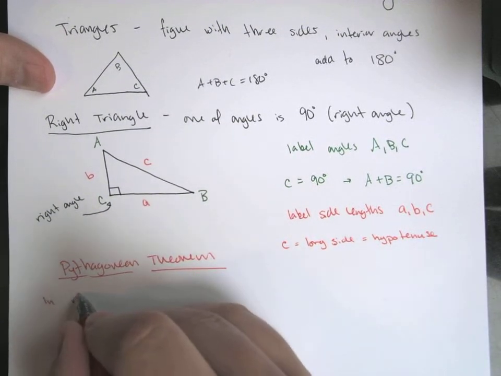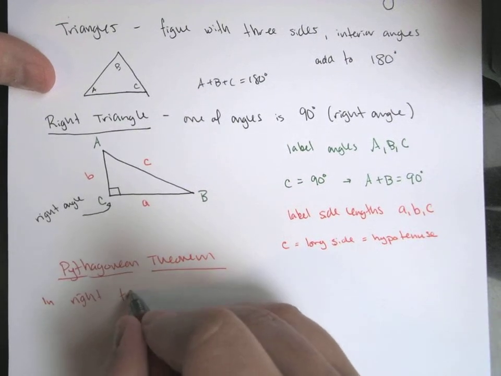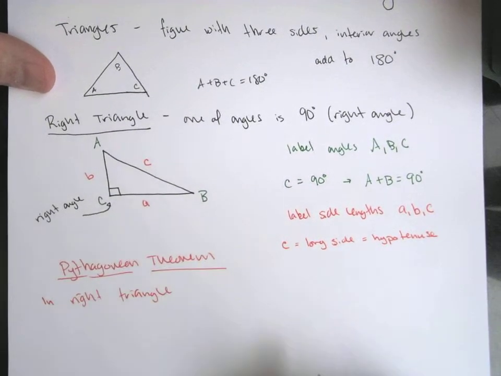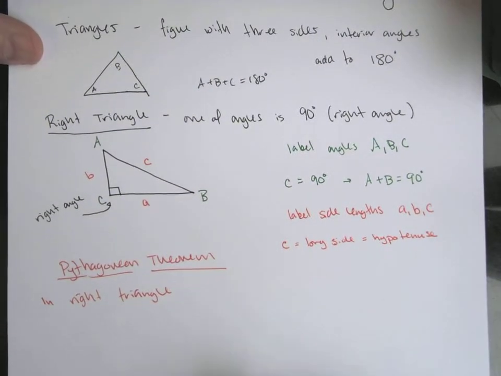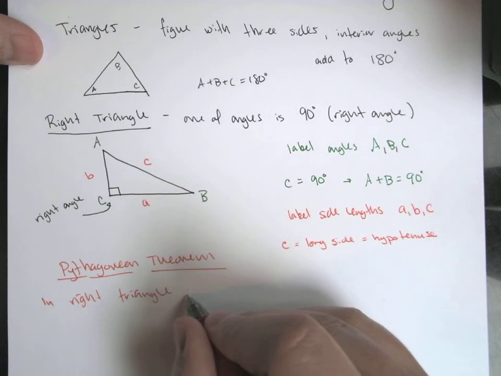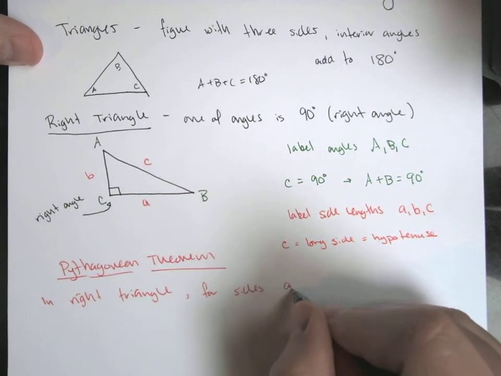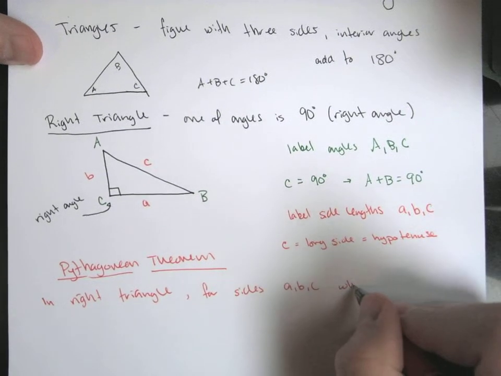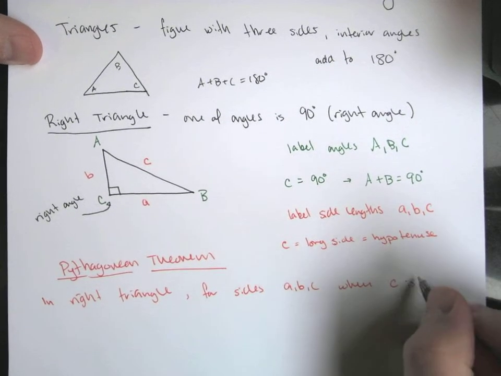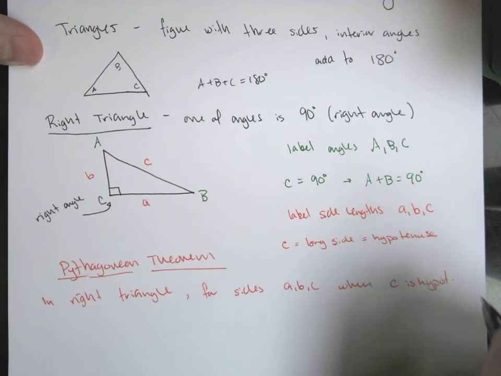So this is in a right triangle. So this is not any triangle, right? I can't just draw a generic triangle and get this relationship. It has to be in a right triangle for sides A, B, C, where C is our hypotenuse.